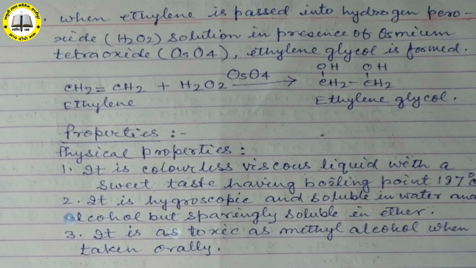Now we discuss properties. There are four methods available which we have discussed just now. First we discuss physical properties. Ethylene glycol is a colorless viscous liquid with a sweet taste, having boiling point 197 degrees Celsius.